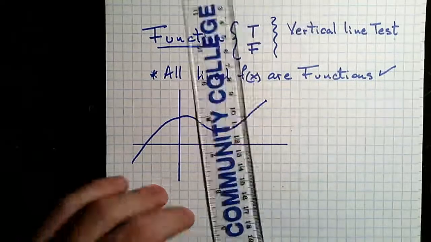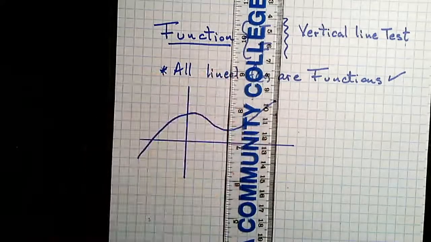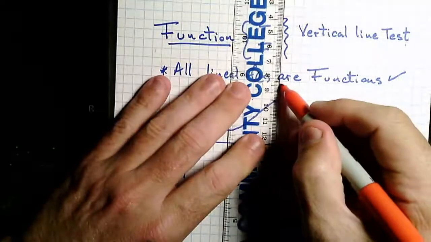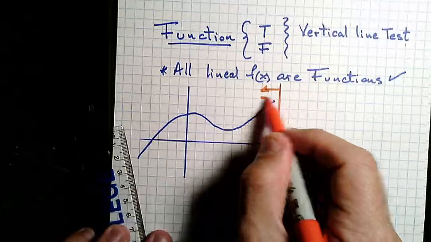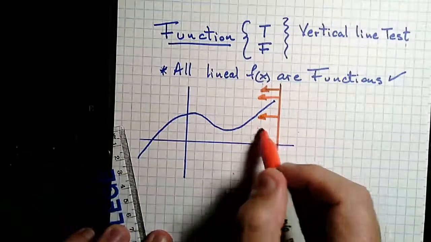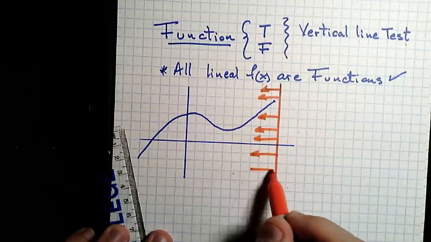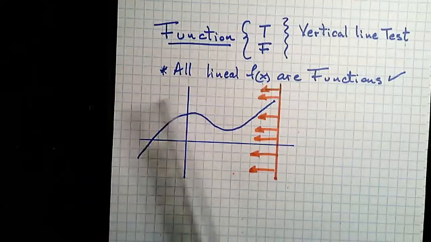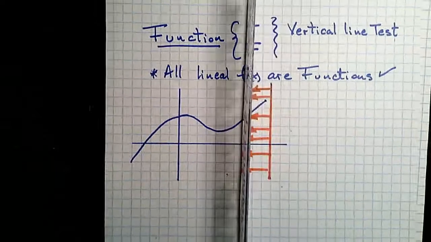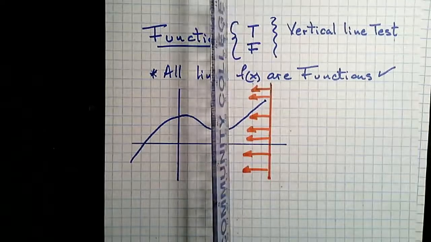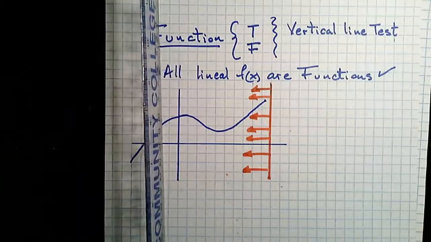If I create a hypothetical vertical line over there, and I transport this line in an imaginary way through the curve, you can see that the line is going to be cut in only one point.